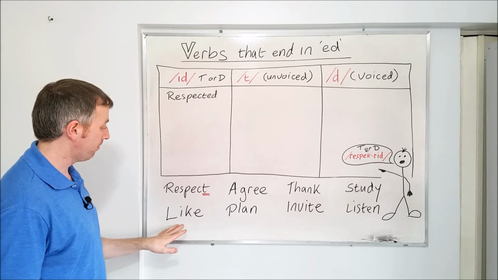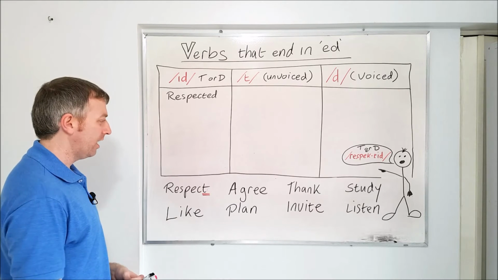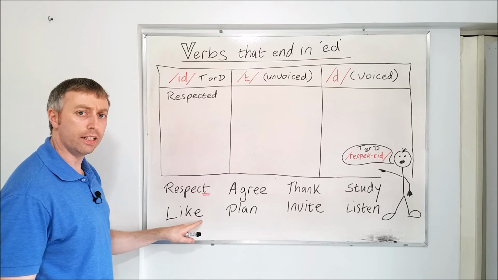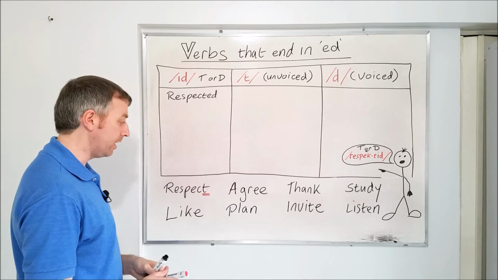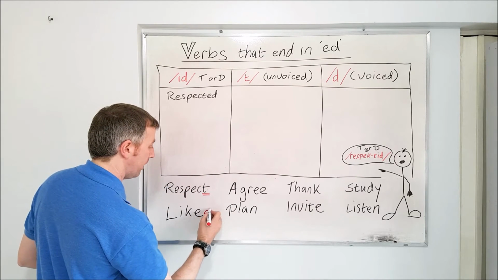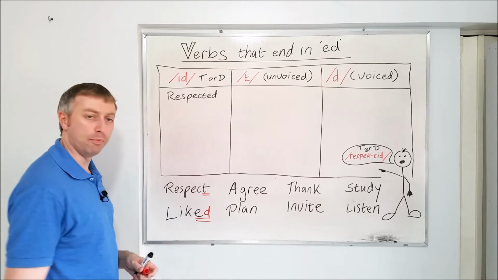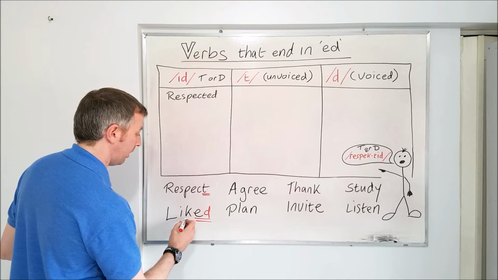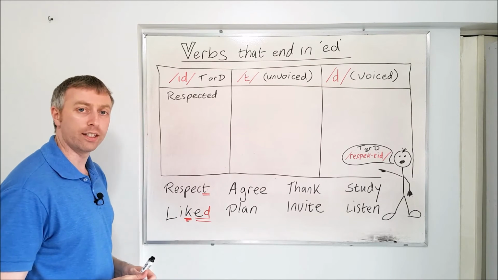Now, very important, remember, this E is part of the ED. If you put a D here, this is part of the ED. So we want to ignore that, forget about that, and focus on this K.